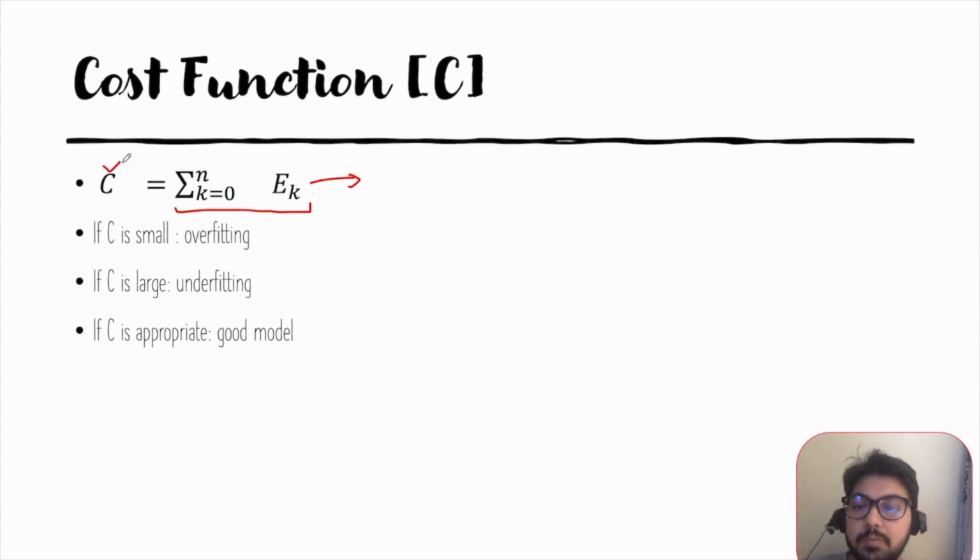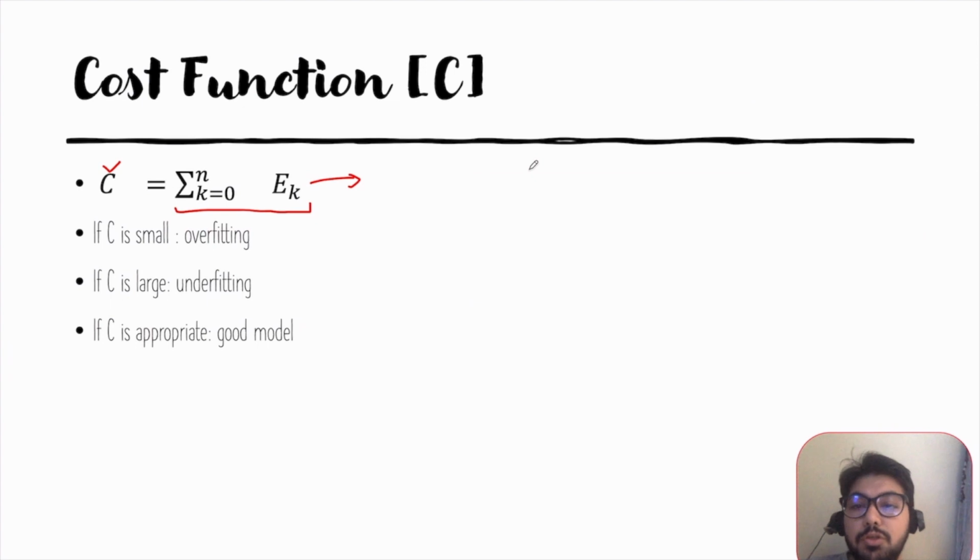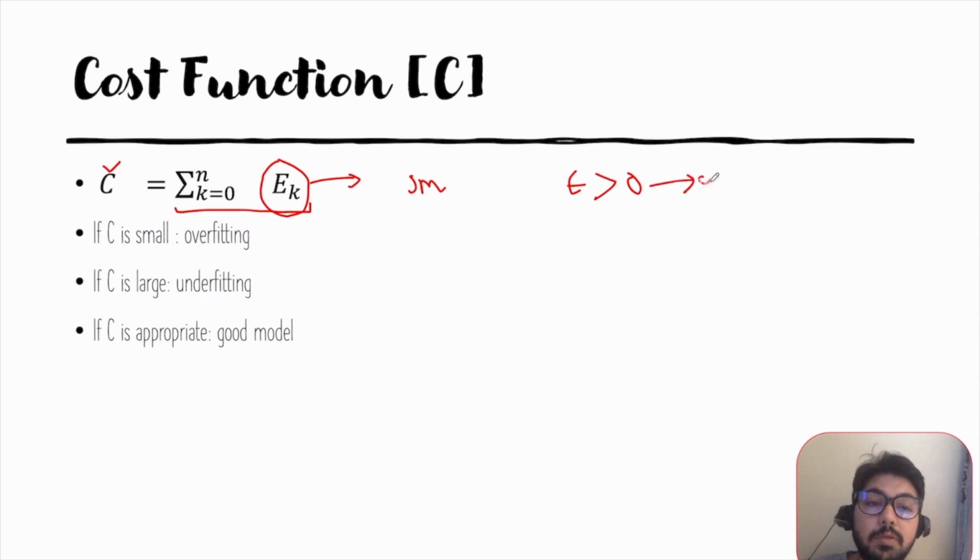In very layman terms, the summation of all the slack variable values gives us the cost function. If there are only a few misclassifications, for example only one misclassification in this case, the summation of all the epsilon will come out small, because for every misclassification epsilon is greater than 0, and it exists between 0 and infinity. So for every misclassification we have a higher value of epsilon, thus leading to a higher cost value.